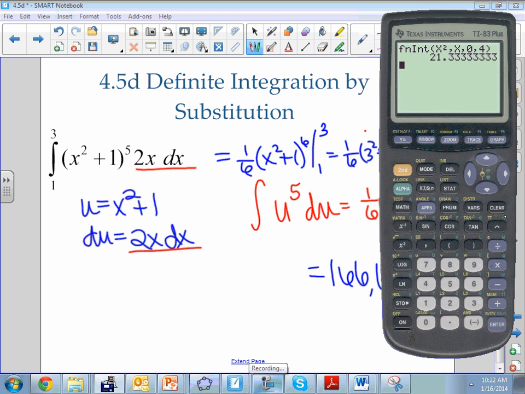So we're taking the integral of x squared plus 1 to the 5th times 2x with respect to x from 1 to 3. There it is. We were right. Give yourself a pat on the back.